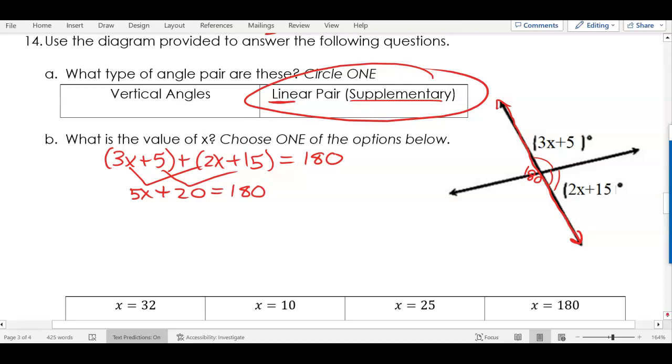Get rid of your loner. Values cancel out. 5x equals 160. And then to get rid of that 5 in front of x, you divide by 5. And x is going to be 32.